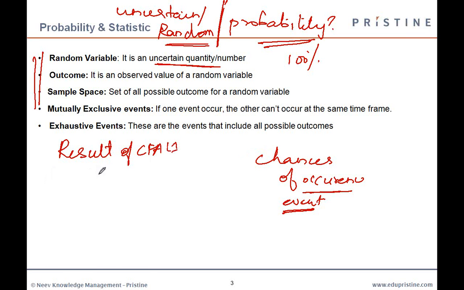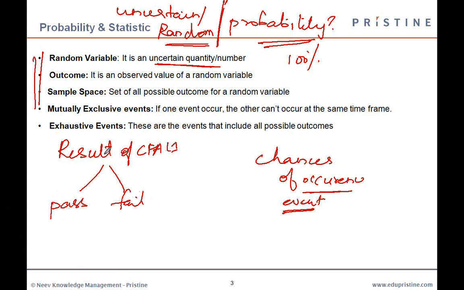Each random event has a set of outcomes. Outcome means that when you conduct the random event, a series of outputs can happen. In our example, the result of CFA Level 1 is uncertain, therefore it's a random event. What are the possible outcomes? Either you may pass or you may fail, right?